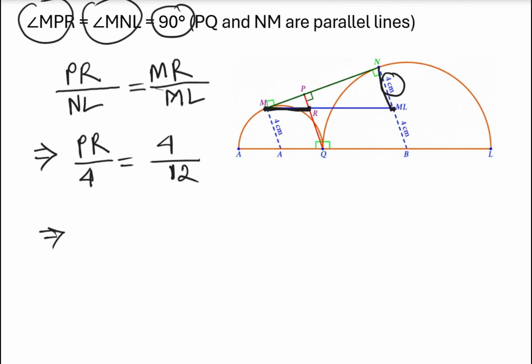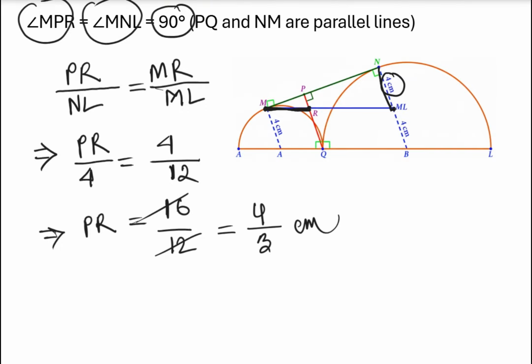Now we can write down PR is equal to 16 over 12, or 4 over 3 centimeters, right?